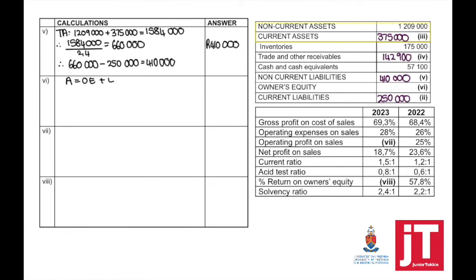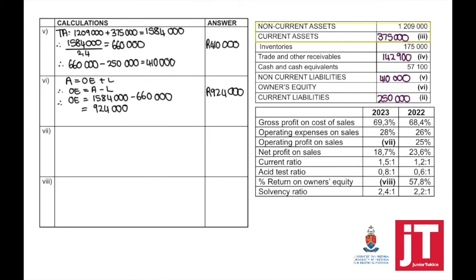I have just calculated my total liabilities. What is unknown is the owner's equity. So if assets equals owner's equity plus liabilities, it means owner's equity is equal to assets minus liabilities. That means we're going to take our total assets minus total liabilities to find our owner's equity.